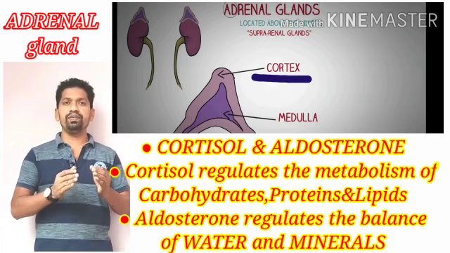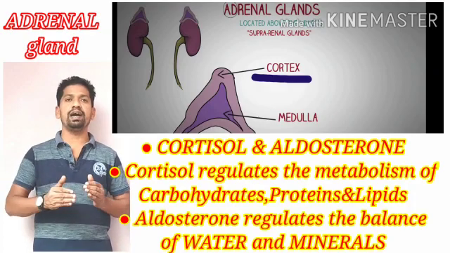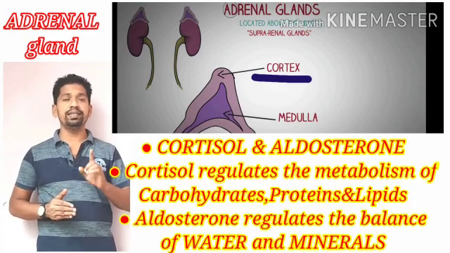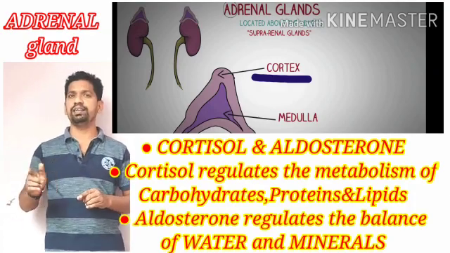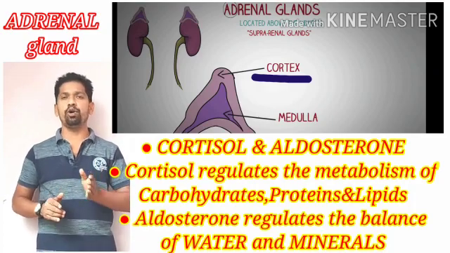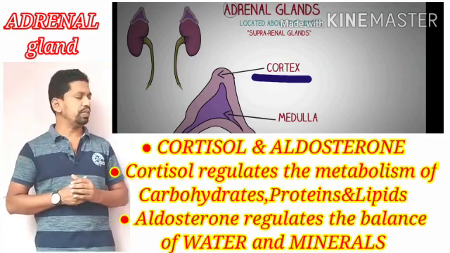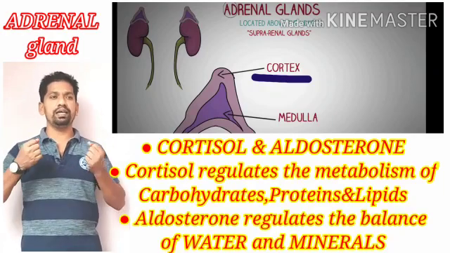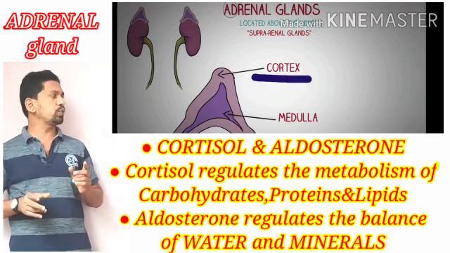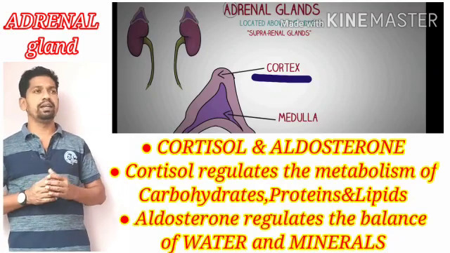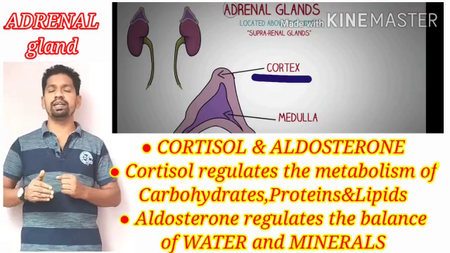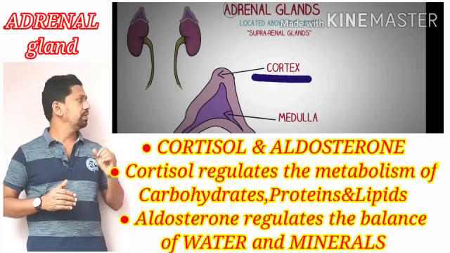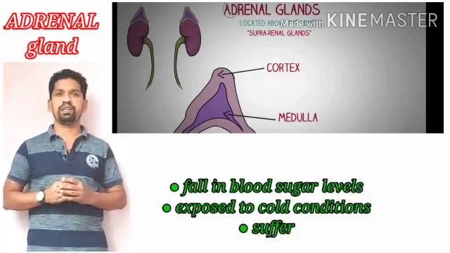The cortex of the adrenal gland is controlled by a hormone of the pituitary gland known as ACTH, adrenocorticotropic hormone. So ACTH, a hormone of the pituitary gland, has the ability to control the cortex zone of the adrenal gland. Now the cortex has the ability to secrete an important hormone known as adrenaline.